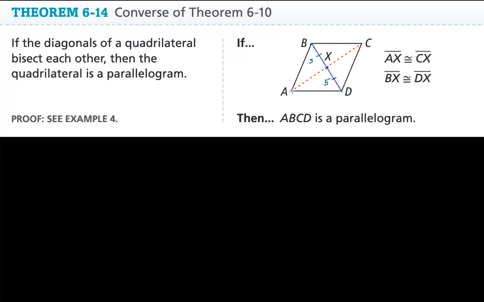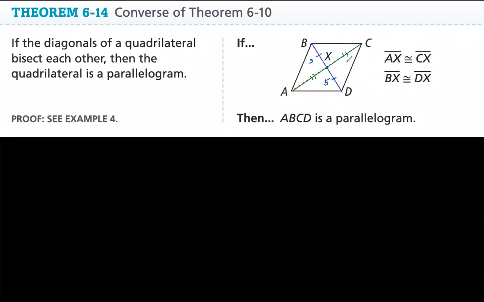So BD is the one now doing the action over AC. And what does BD do to AC? Well, it divides that diagonal into two congruent parts. So if the distance from X to C is 6, then the distance from X to A must also be 6.